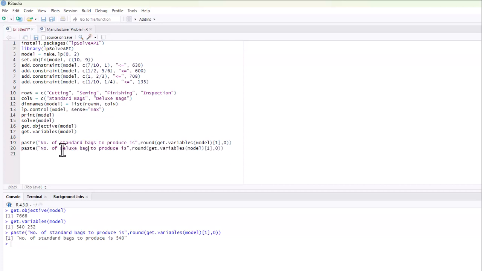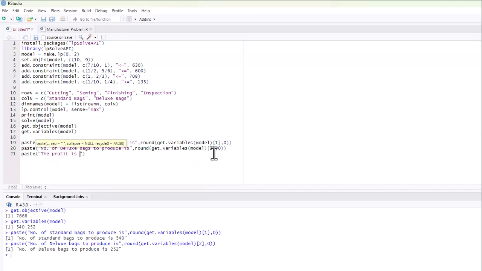And similarly we can state the same statement for deluxe bag, and here we will be putting 2 instead of 1. So it's this. And then finally, our profit.